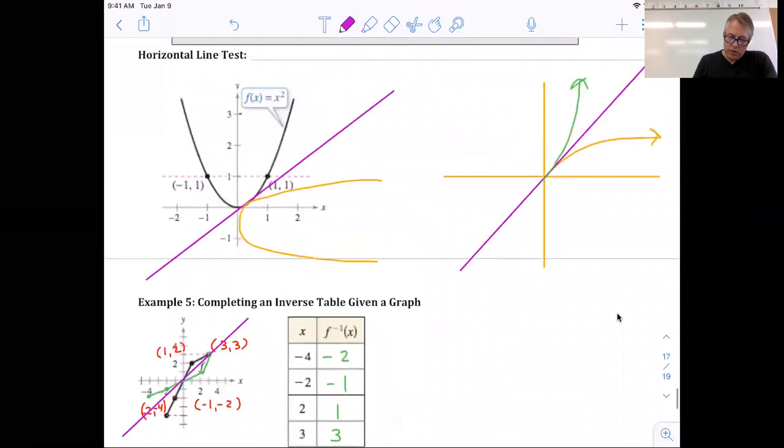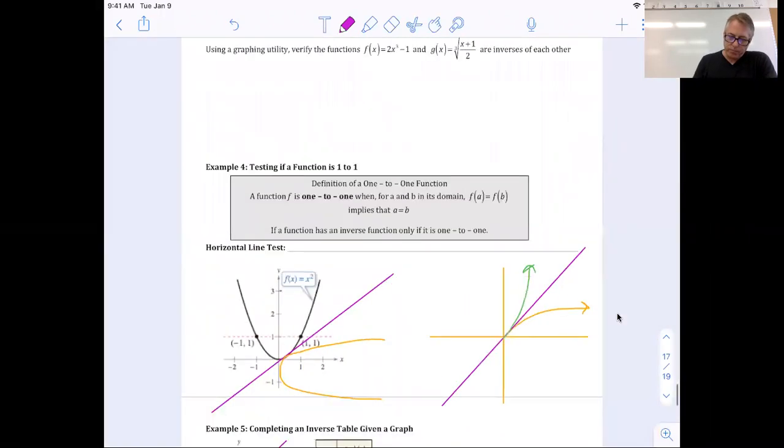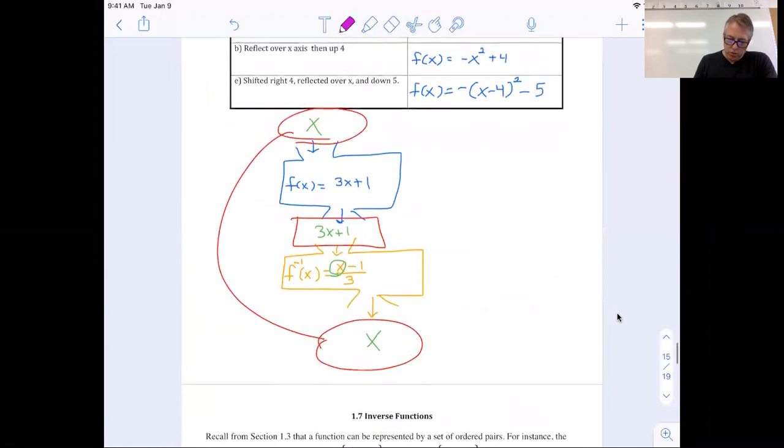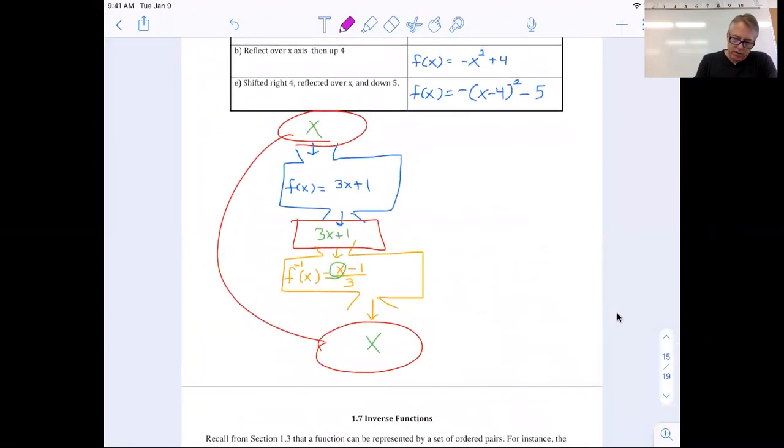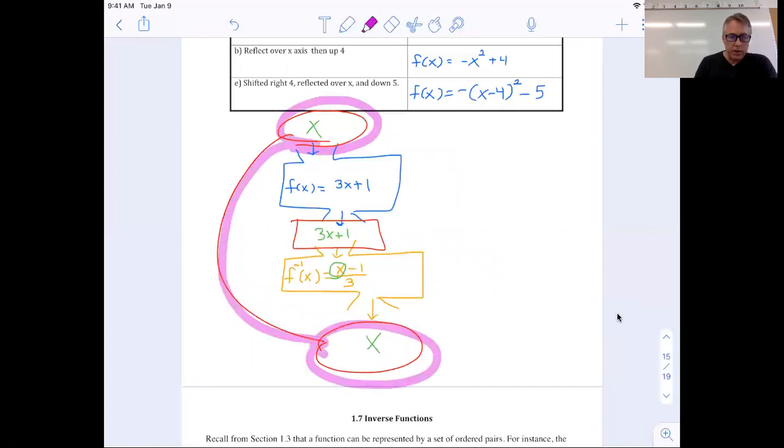All right, so again, to recap, we started off with the idea that given a function, its inverse undoes all of the things that are happening inside the function. And because of that, you end up right back where you started. Or another way to say that is the domain of the function becomes the range of its inverse.